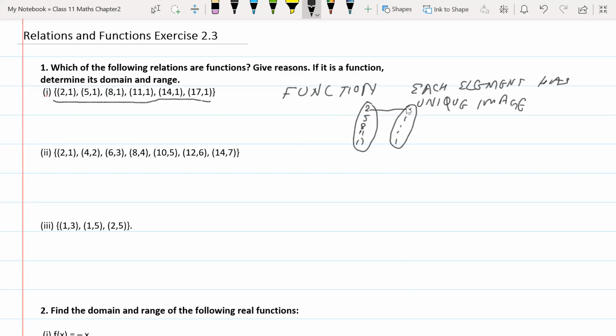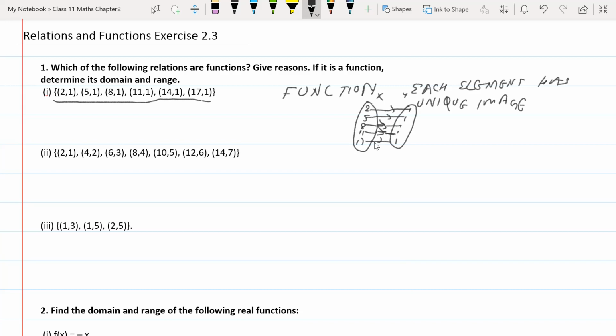This is the x, this is the y. 2 has only one image. 5 has also only one image. 8 has also only one image, that is 1. 11 has also one image. 17 has also one image.